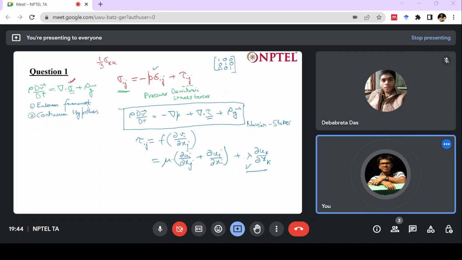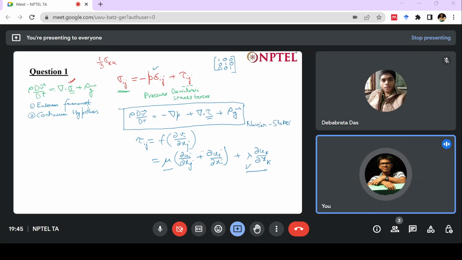And what about mu? Mu takes the off-diagonal velocity gradients. For example, if there is x velocity and a y-directional gradient, the stresses due to this kind of velocity gradients are taken care of by mu. So these are the viscous stresses, the shear stresses.